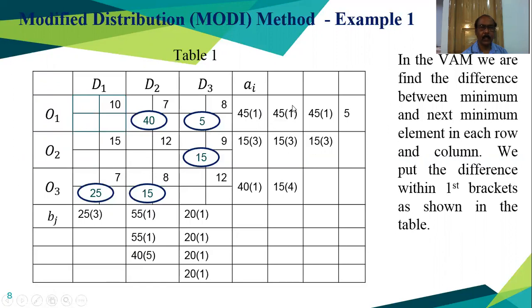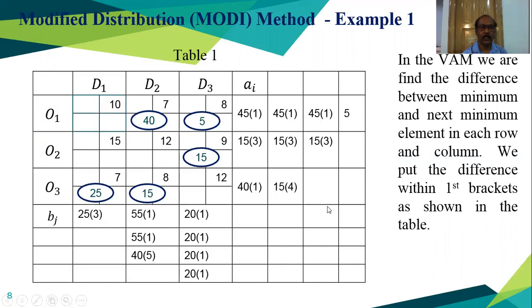And from the 45, we left only the 5. So 40 is there, 15 allocated, this is actually exhausted. So the only leftover is the 5. That 5 is allocated here.